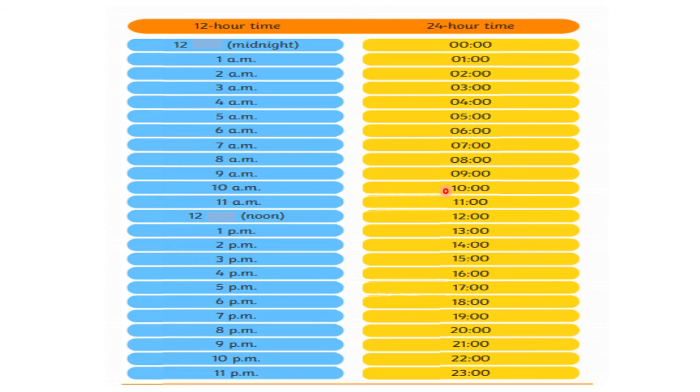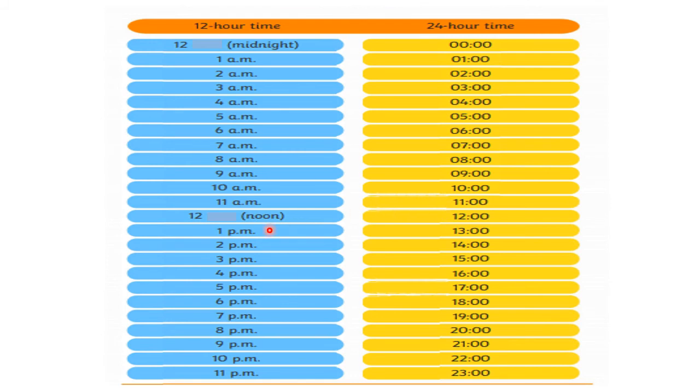Children, as 10 is already a two-digit number, we need not add a 0 before 10. 11 a.m. is written as 1100 hours. 12 noon is written as 1200 hours.